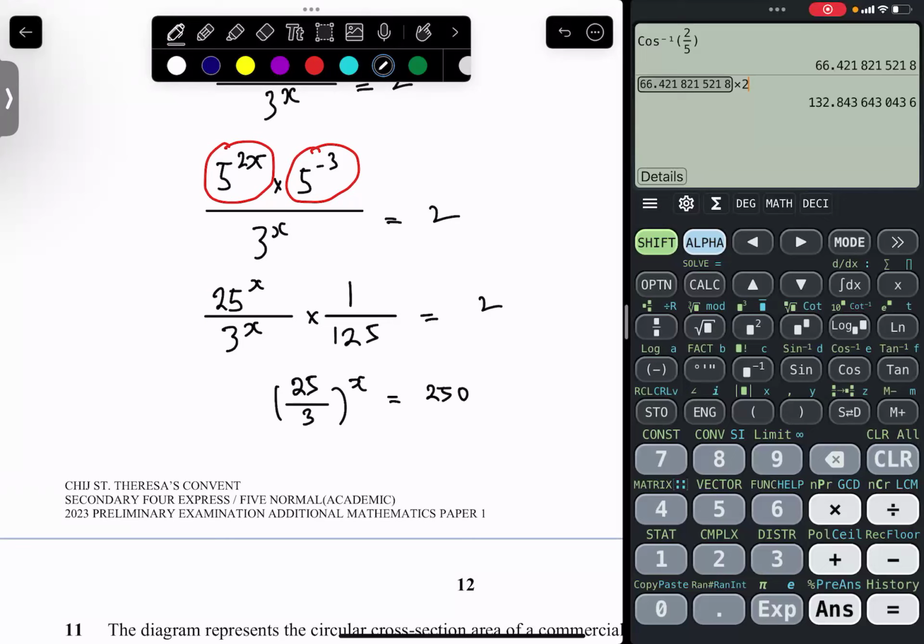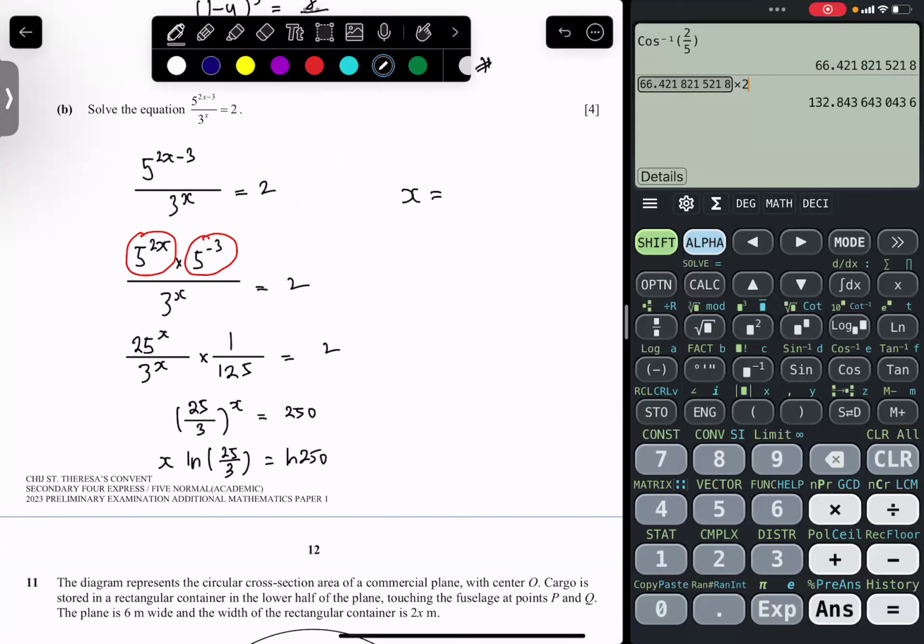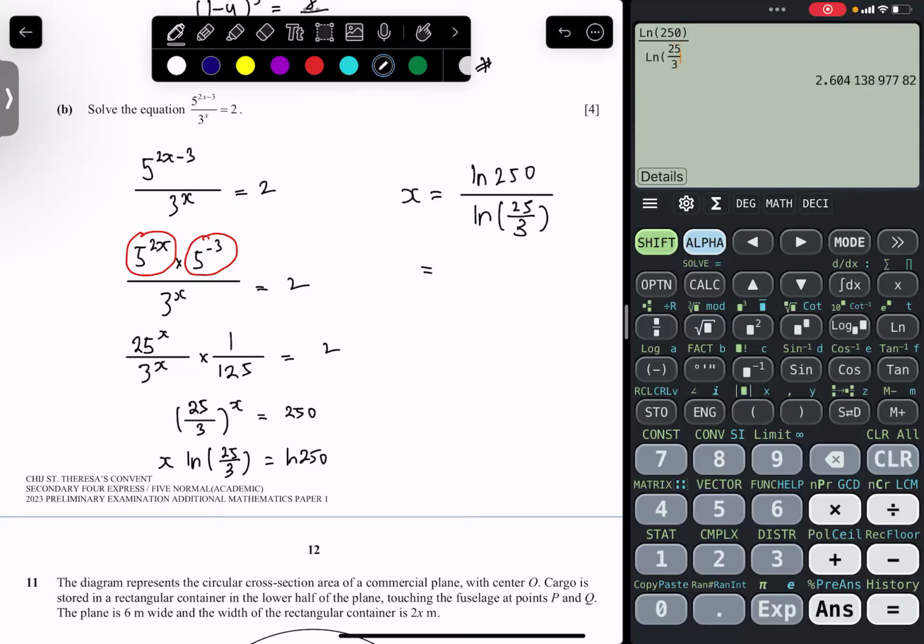Take logs or ln at both sides. x ln 25 over 3 equals ln 250. So x equals ln 250 divided by ln 25 over 3, which is 2.60, 3 significant figures.